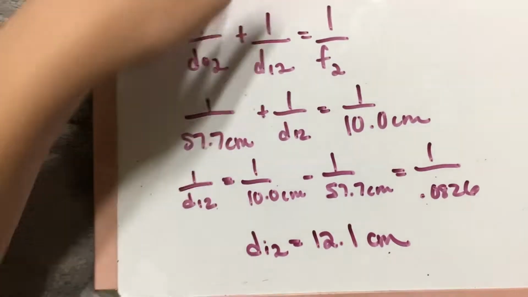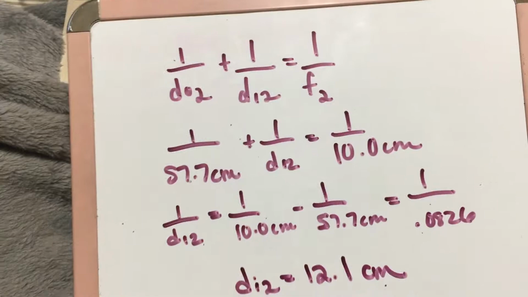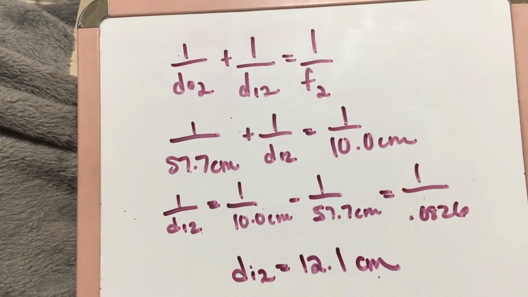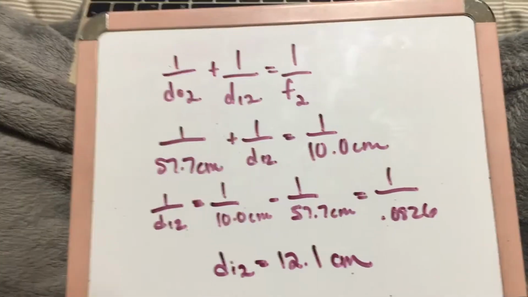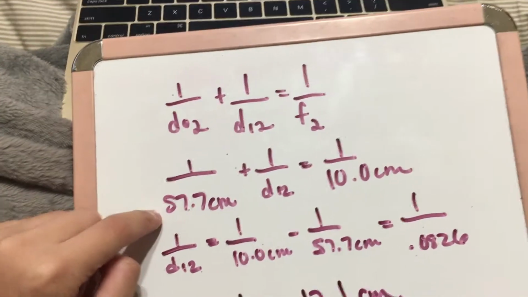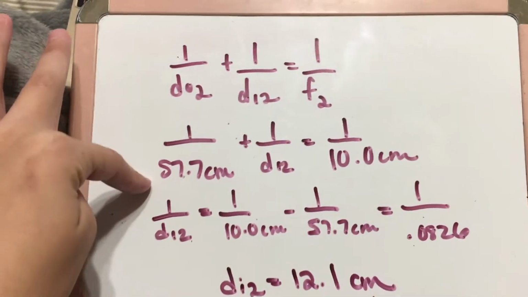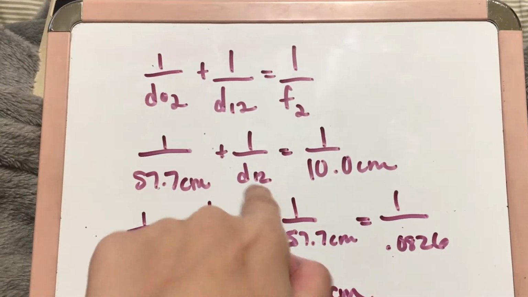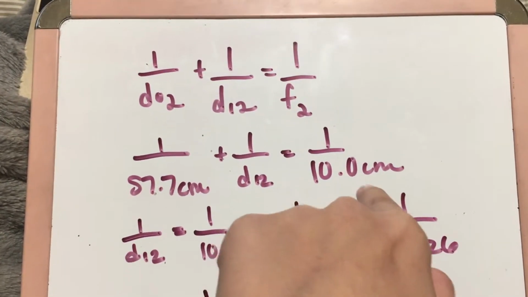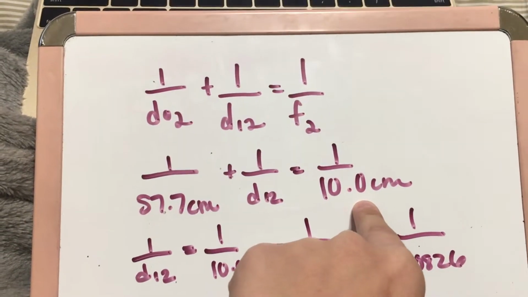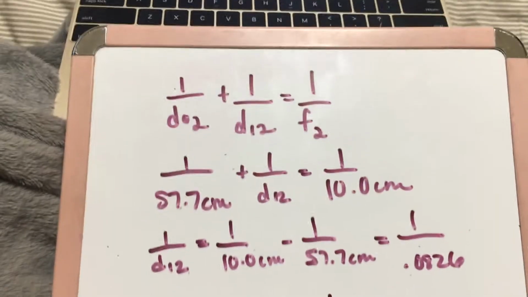In order to find the location of the final image, we're going to use the object distance and the thin lens equation to find that. So the object distance for lens 2 is 57.7 centimeters. We don't know the image distance for lens 2 yet, but our focal length for lens 2 is 10.0 centimeters.